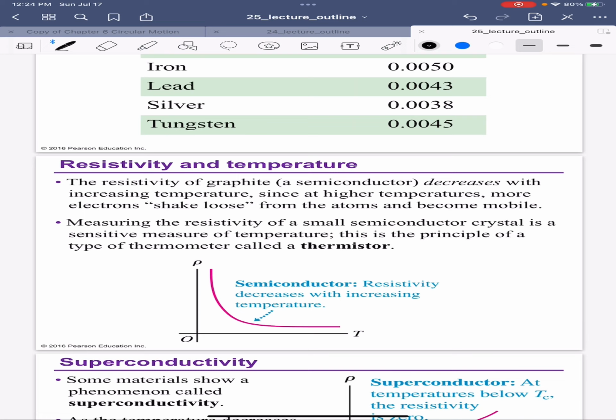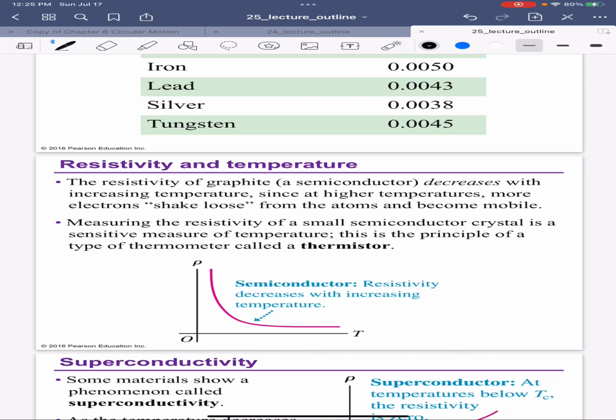Now, the resistivity of graphite, which is a semiconductor, decreases with increase in temperature, since at higher temperatures, more electrons shake loose from the atoms and become mobile. Actually, we have them moving from a non-conductive region to a conducting material. This is the reason why we call them semiconductors. Semiconductors at room temperature without doping are not good conductors.